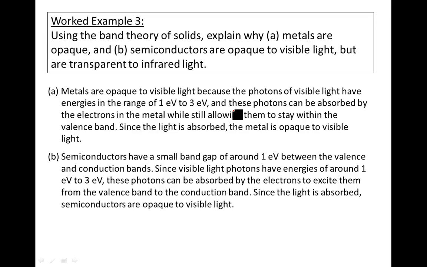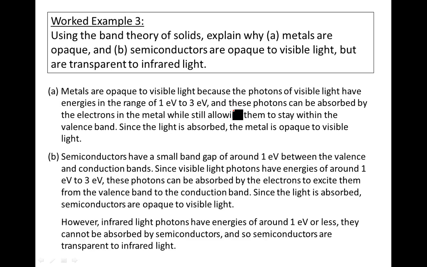Semiconductors are opaque because the band gap is around 1 eV, and since visible light has energies around 1 eV to 3 eV, these photons are easily absorbed by electrons, and since the light is absorbed, the semiconductors are opaque to visible light. Also, they are transparent to infrared light because infrared light has energies of less than 1 eV.